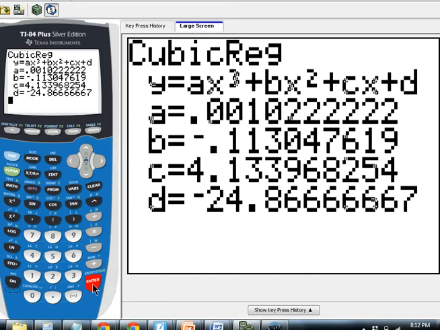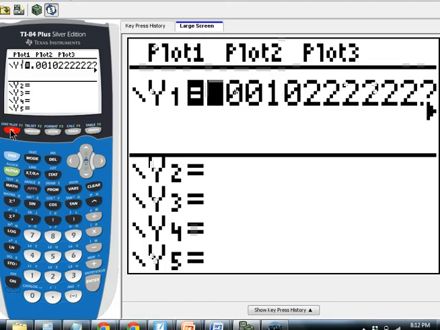And that equation has been stored in the calculator in Y1. So if we were going to take this and use it, we could actually use that to predict the amount of gas consumption at different speeds. And I'll show you how to do that here in just a second.